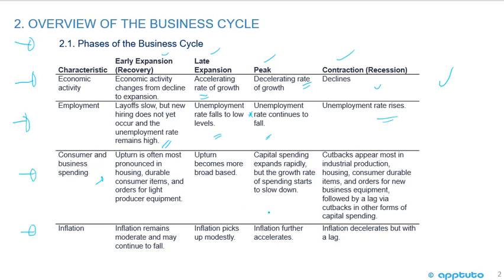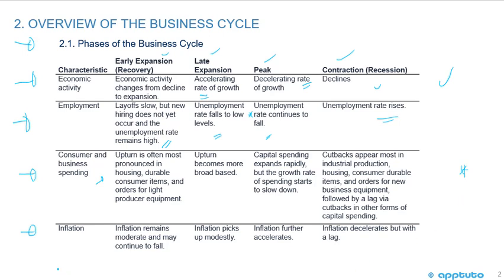At the peak, capital spending expands rapidly, but the growth rate of spending starts to slow down. And then finally, in the recession, cutbacks appear most in industrial production, housing, consumer durable items, and orders for new business equipment, followed by a lag via cutbacks in other forms of capital spending.